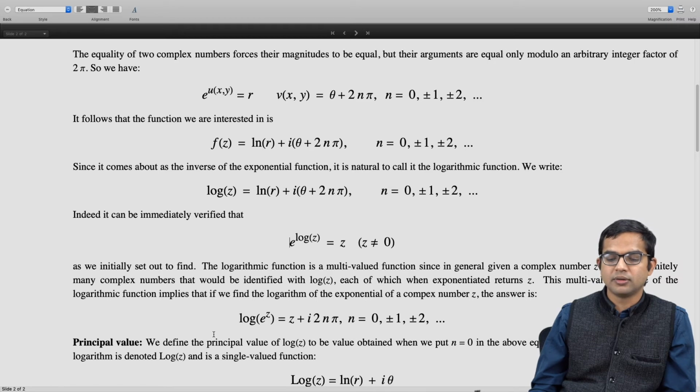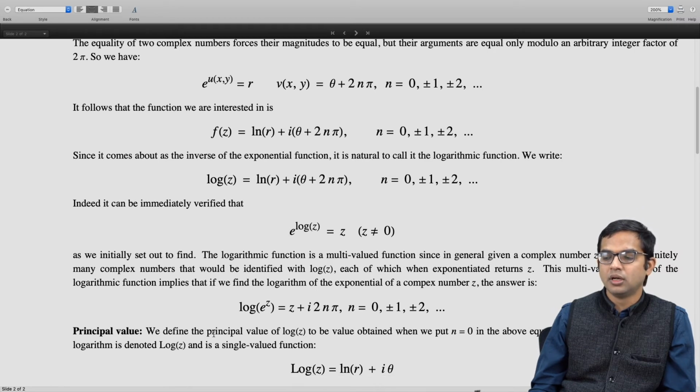When you refer to the principal value, we denote this as capital Log of z, right? This is a single valued function, and this refers to the so-called principal branch, right? So when you put n equal to 0, this definition with n equal to 0 is called the principal value of the logarithmic function.